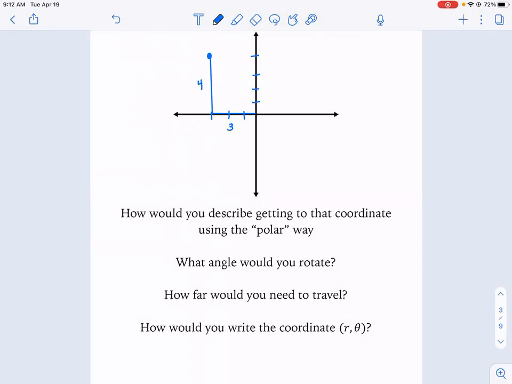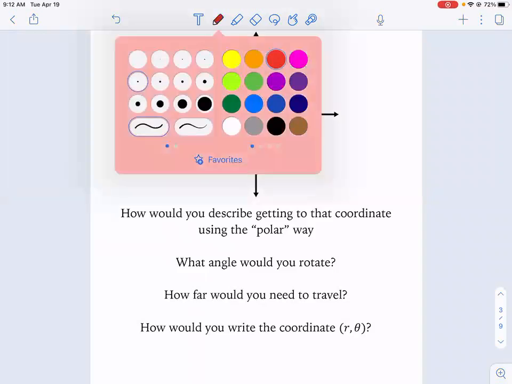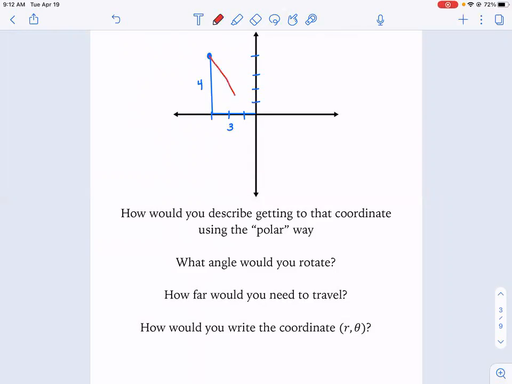Four over 3, right? No. We always go back to the x-axis, so it's either 180 or 360 all the time.